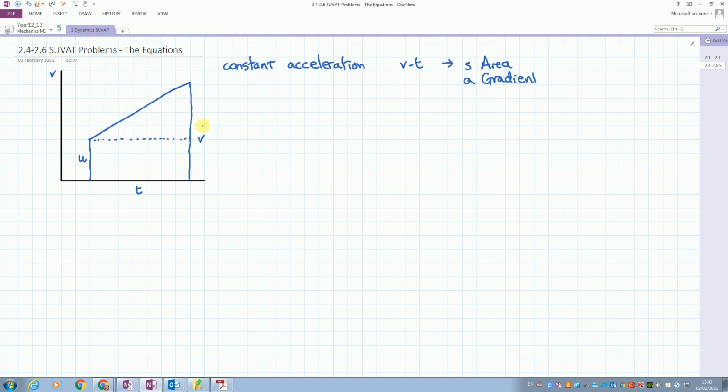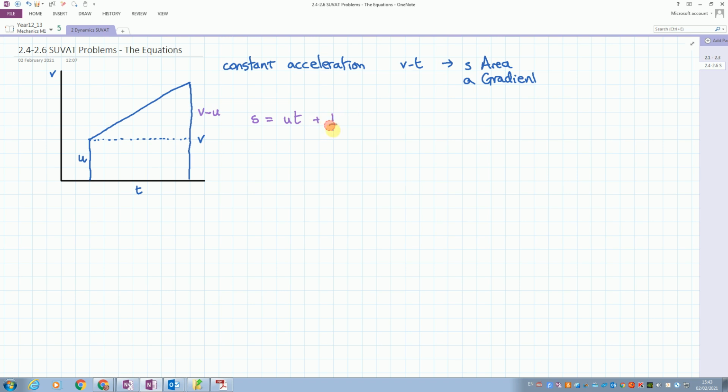Let's go for S. S is the area under the curve. So you might have UT and then the triangle on top. We need to add the height, which is V minus U. So remember that's V minus U across that line.